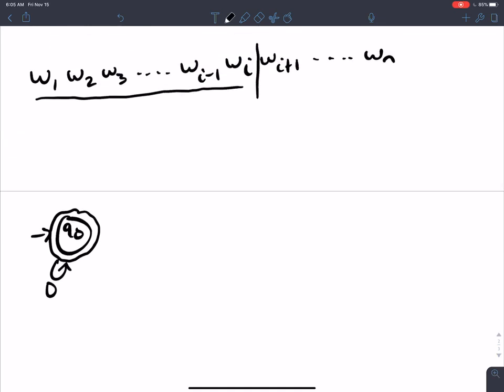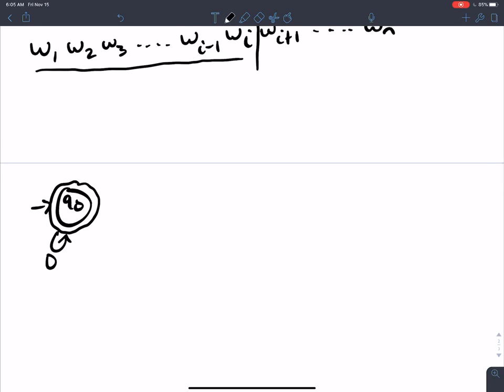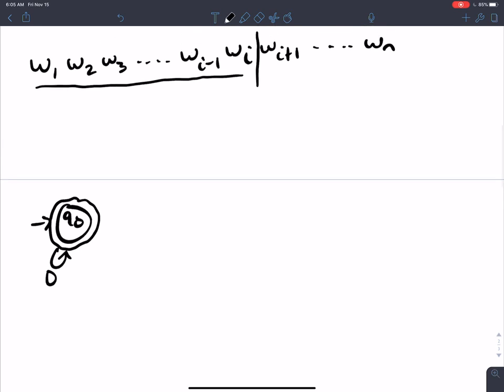The w1 through wi string, what we've read so far, is just all zeros at this point. But if we read a 1, we can't stay in the same state anymore, because we could, for example, have the string 0, 1, 0, which is not a multiple of 3 because it's 2.